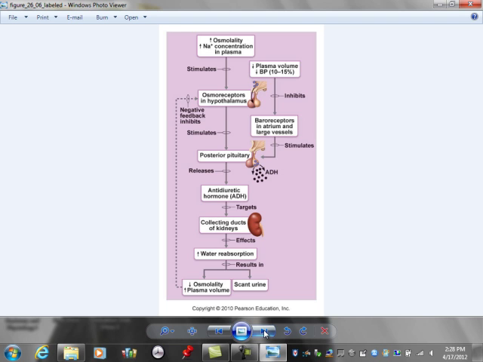So we also have hormones that are going to help affect tubular reabsorption and secretion, and that whole kidney mechanism we discussed in the previous chapter, like antidiuretic hormone. What's antidiuretic hormone doing for me? Hold on to water. How? It's going to help me hold on to water, but who's actually holding on?